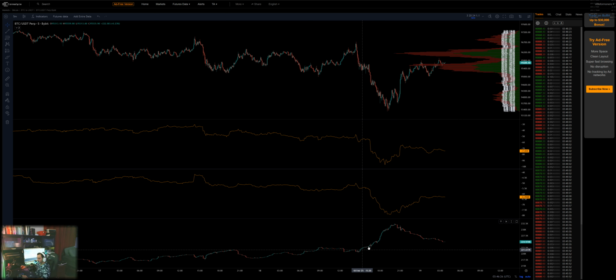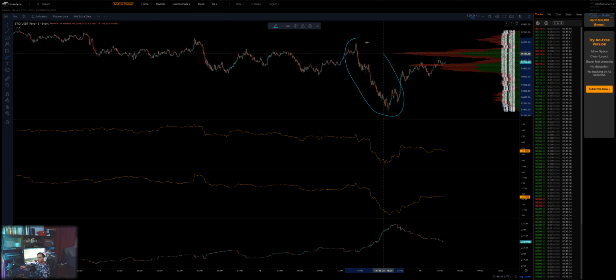Look at that, a nice move up, right? And look at what CVD is doing. It's coming out all the way to right here. What is that telling us? That's telling us shorts are opening up. Okay? Shorts are opening up here.